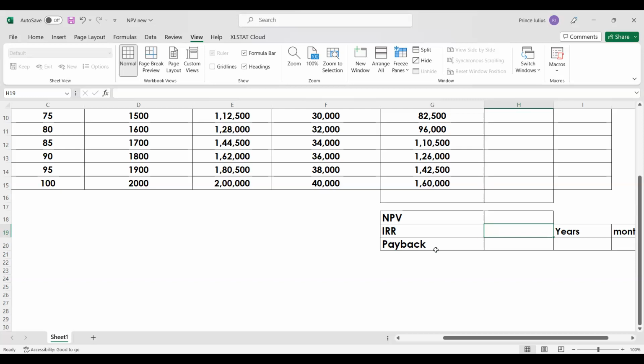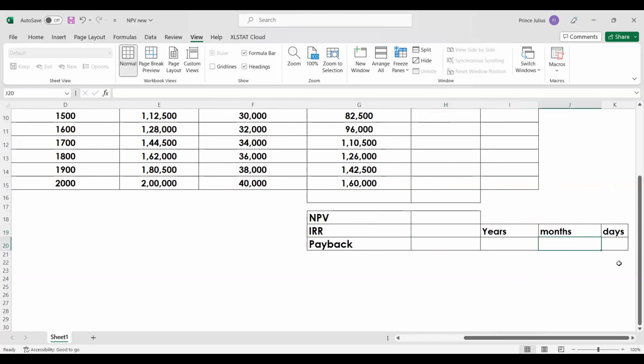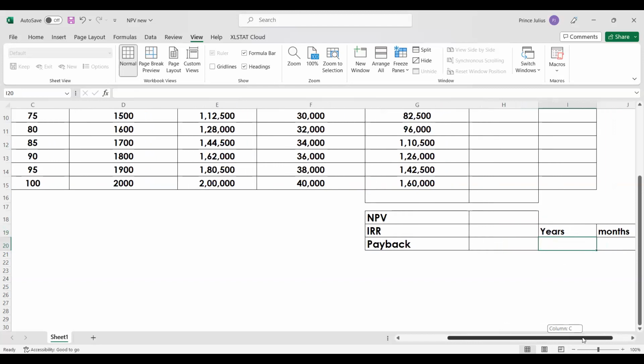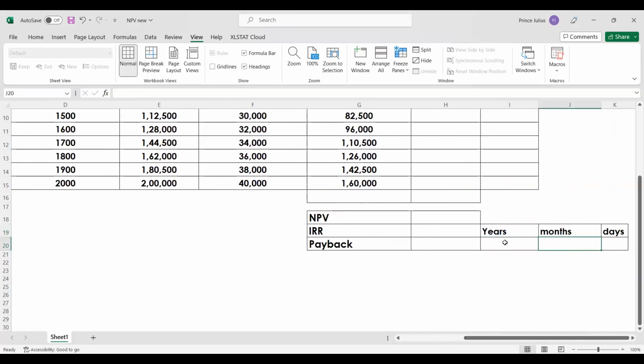And the payback period: at what year, what month, what day. These are the objectives that I'm going to discuss.